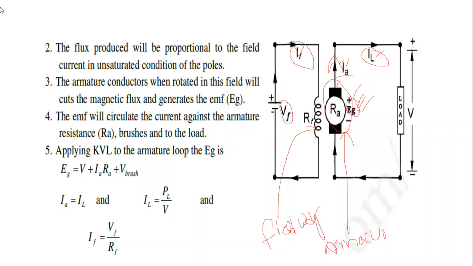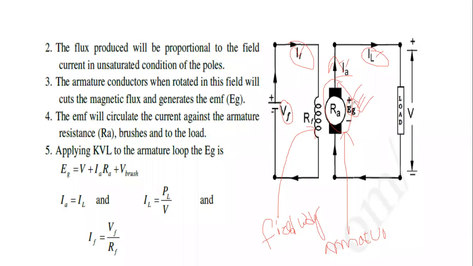Then we apply KVL in this closed loop. KVL means Kirchhoff's voltage law: the algebraic sum of the voltages is equal to 0.